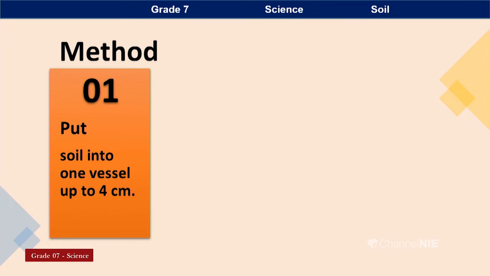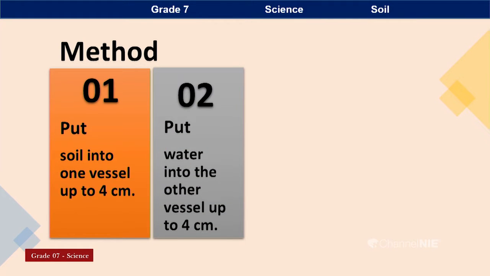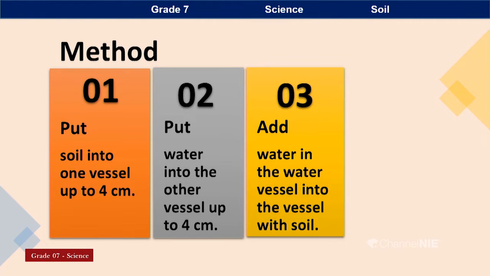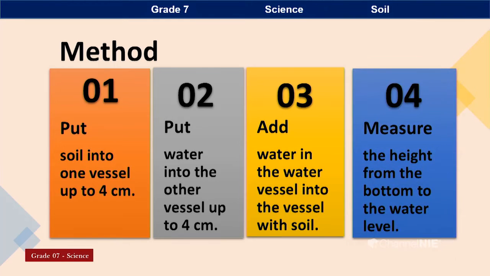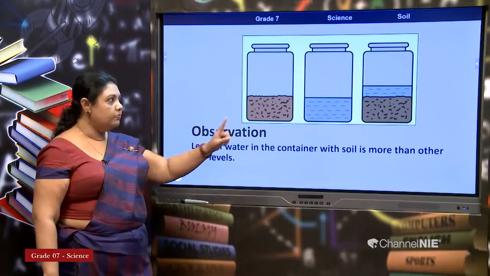The way of doing this, you can put soil to a certain height, then you can take the water also to the same height. Here we have taken 4 centimeters up, then both mixed together, you can find out how this is formed. Then here, this is your observation.